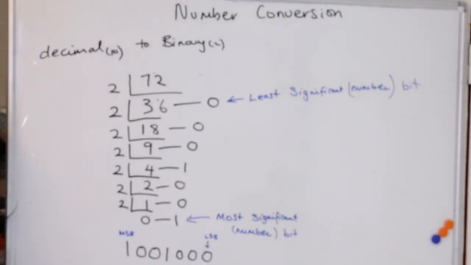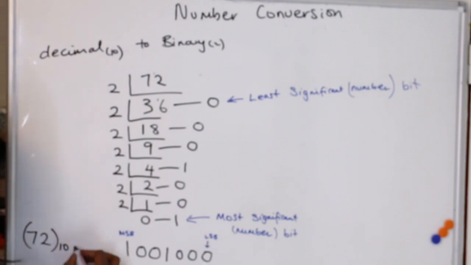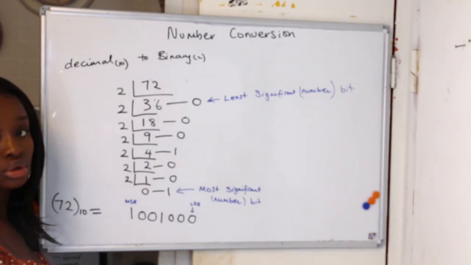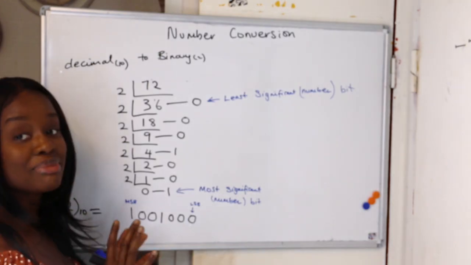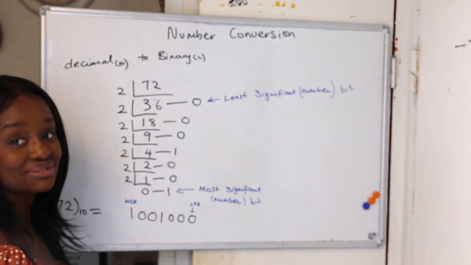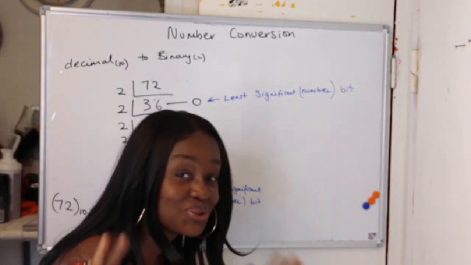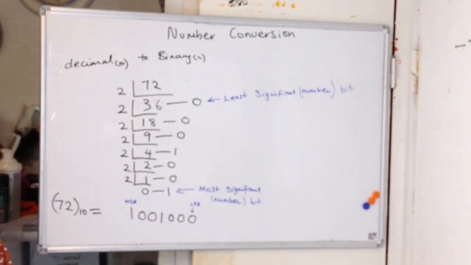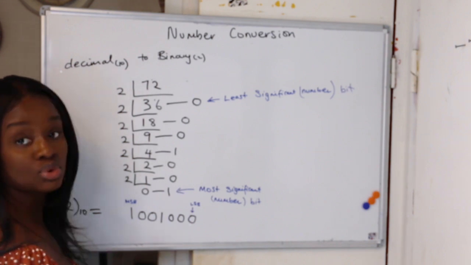So what does all of this mean to us? So the answer, if you see 72 to the base 10 is 1001000. All of this will make sense by the time we get to the end of the video, I assure you. Okay, next example, decimal to octal.